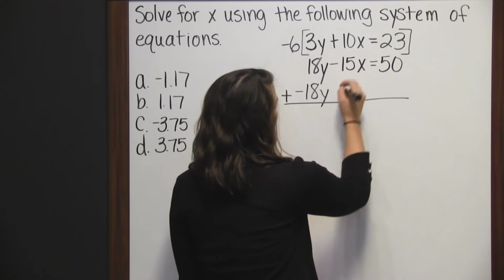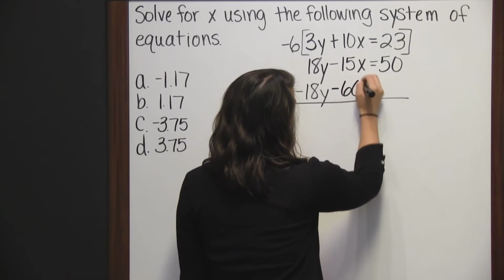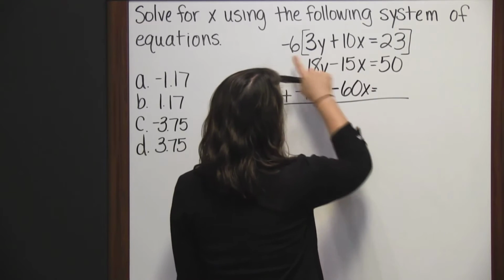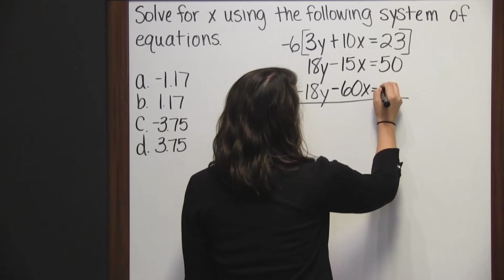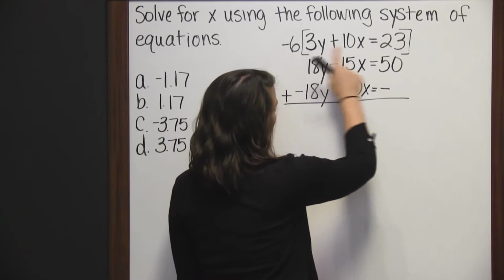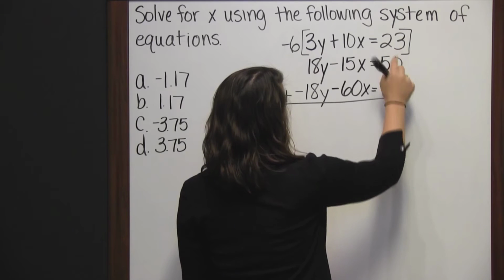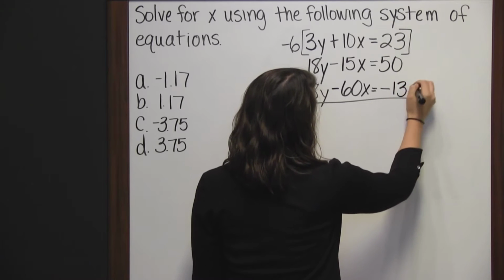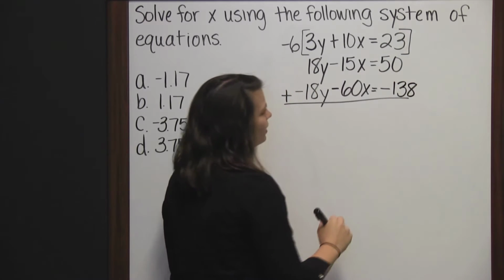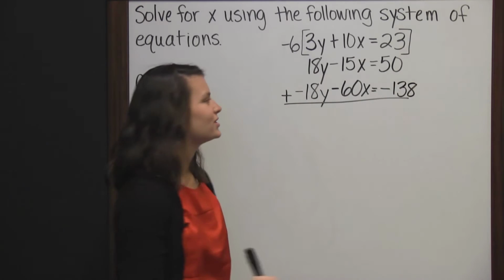Negative 6 times 10x is negative 60x. And negative 6 times 23 is negative... 6 times 20 is 120. 6 times 3 is 18, so 138. And now I need to add my two equations together.